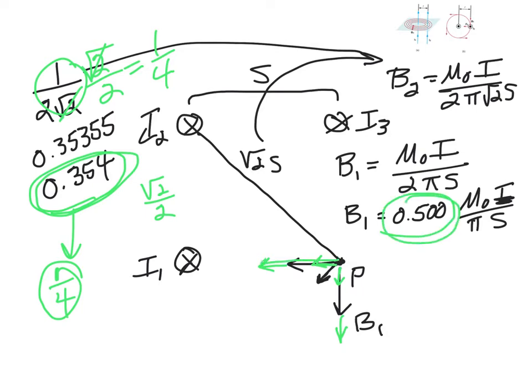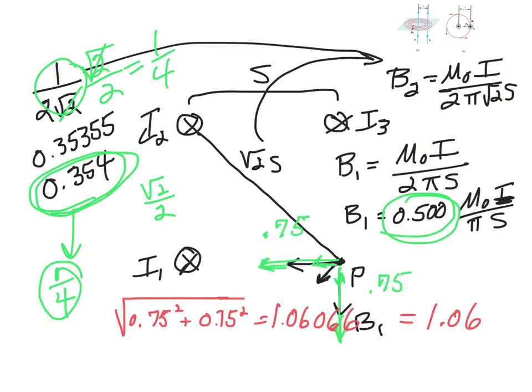So the coefficient for this vector is 0.75, and this one, the total of the two components, is going to be 0.75. And if we square those and take the square root, we will get that, right?